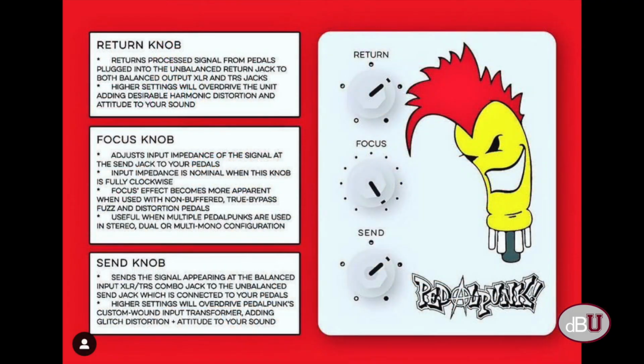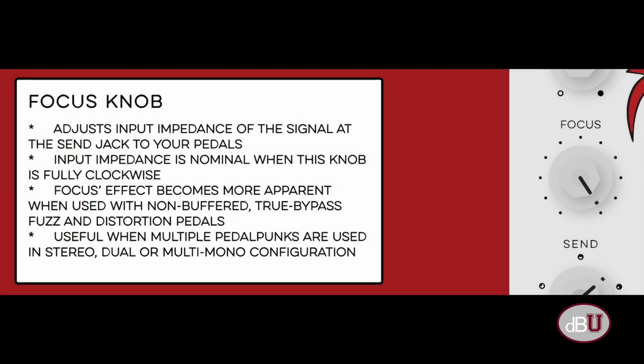But with this focus knob, in your case, it sounds like if it's not inducing or introducing harmonic distortion, something along the way is doing that. Absolutely. What exactly is the focus knob doing on an electronic level? Well, it's adding impedance, which means it's blocking the signal more.